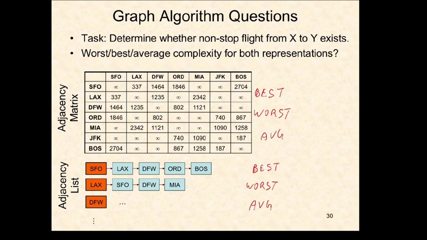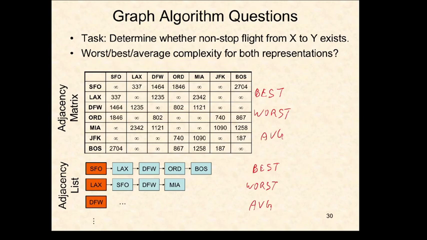Okay, so let's get back to this. Let's stick with one representation. We'll do best, worst, average for the matrix, and then best, worst, average for the adjacency list. So I say, can you get from DFW to MIA?